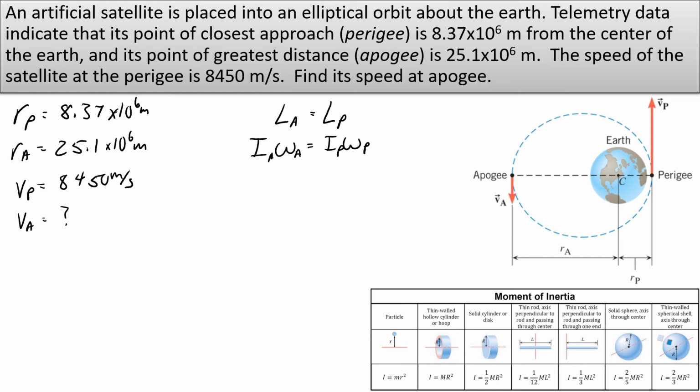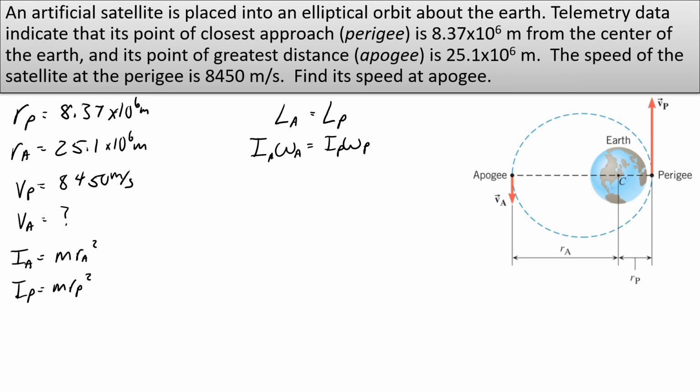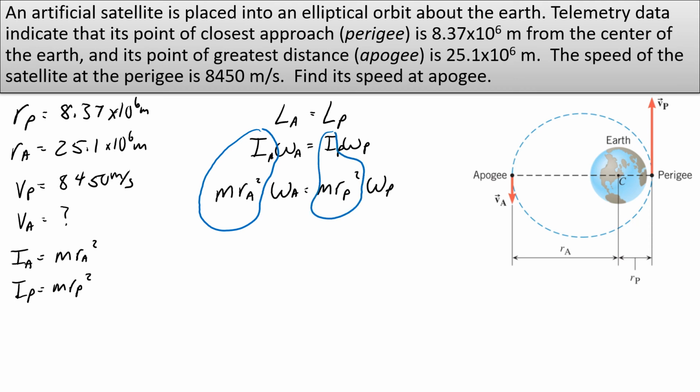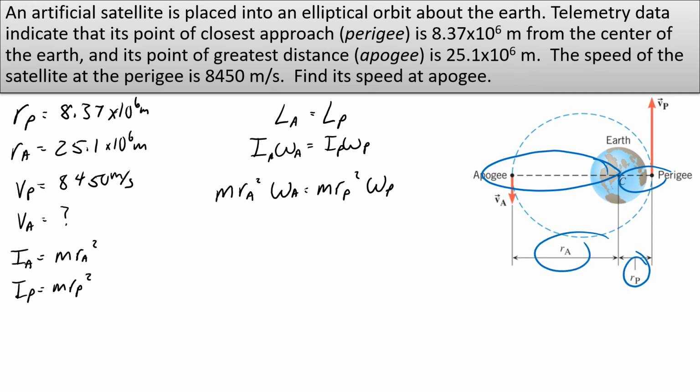If we write out the equation separately, maybe that makes it easier to see. We also know the moment of inertia of the satellite at these different positions. At least we know the equation for it, and we're going to plug that in. All we did was plug in for I, which is equal to mr squared, and the radius is changing. At this point, we can divide both sides by the mass.